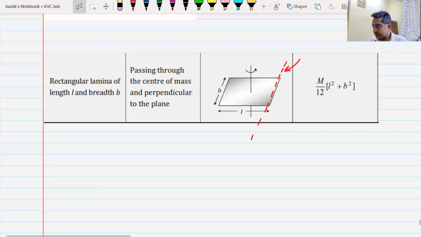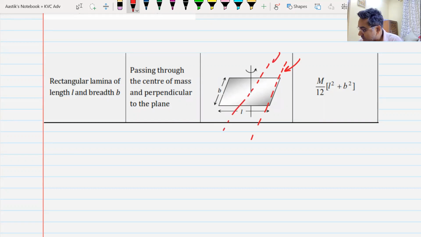ML square by 3, sir. ML square by 3. How did you get it? Parallel axis theorem. That means you know the moment of inertia about this axis, which passes through the center.